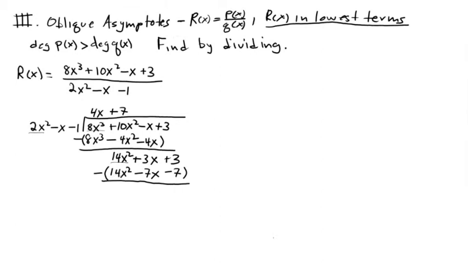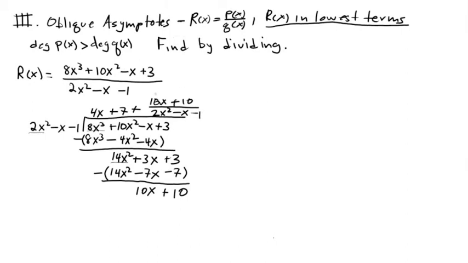I get 0 there, that's good. 3x minus a negative 7x is plus, so that's 10x. 3 minus a negative 7 is plus, so that's 10. I look to see if I can do this again, and I've got 10x divided by 2x squared, so I can't do it again. So that's my remainder, 10x plus 10, I don't really care what that is, over 2x squared minus x minus 1.